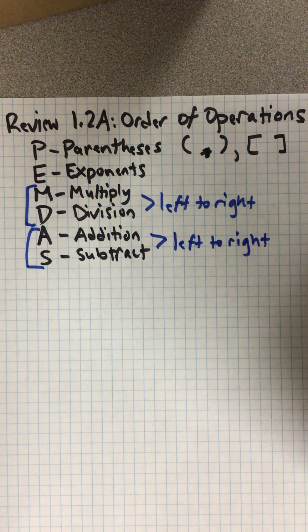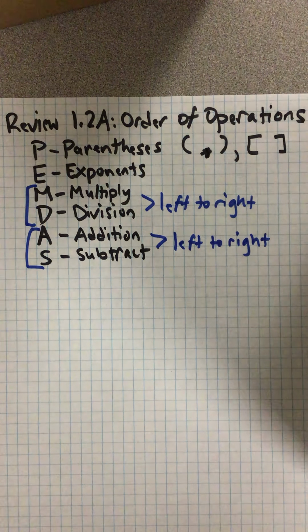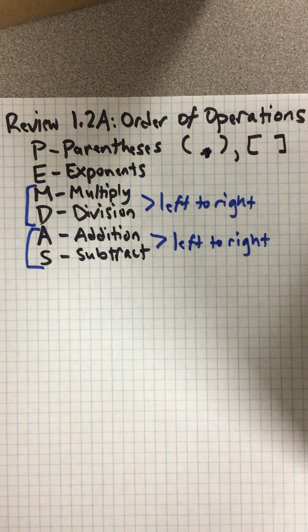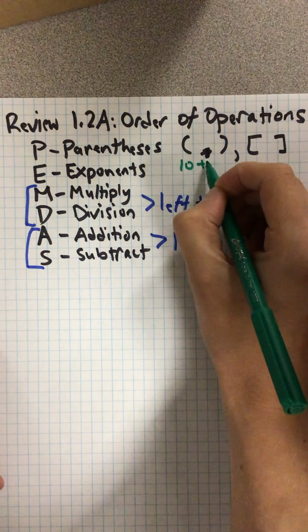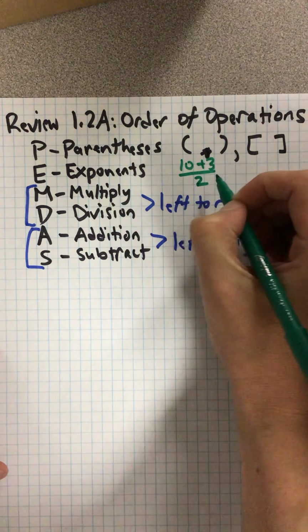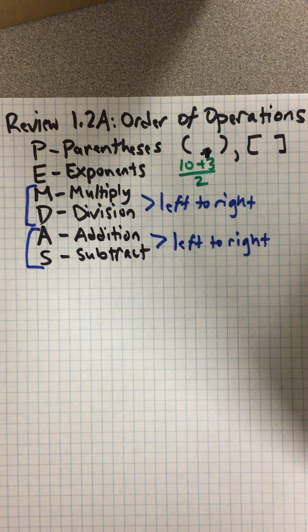In addition to that, there's also one very special example with parentheses. Parentheses are occasionally implied. If we were to look at the fraction, for example, 10 plus 3 divided by 2, it should be pretty obvious to you that we should add 10 and 3 together before doing our division by 2.